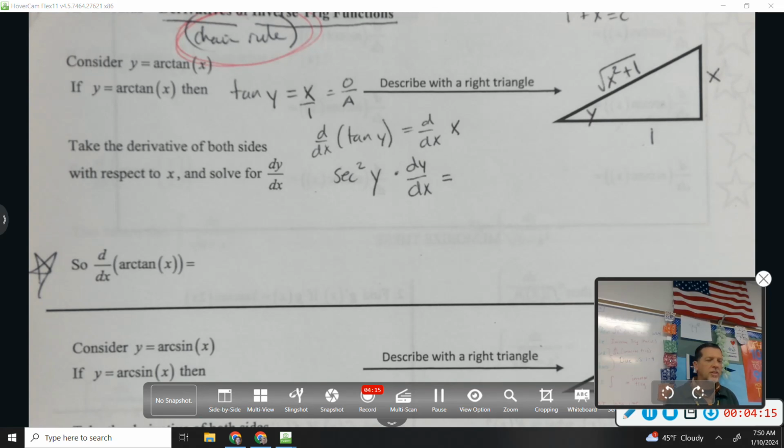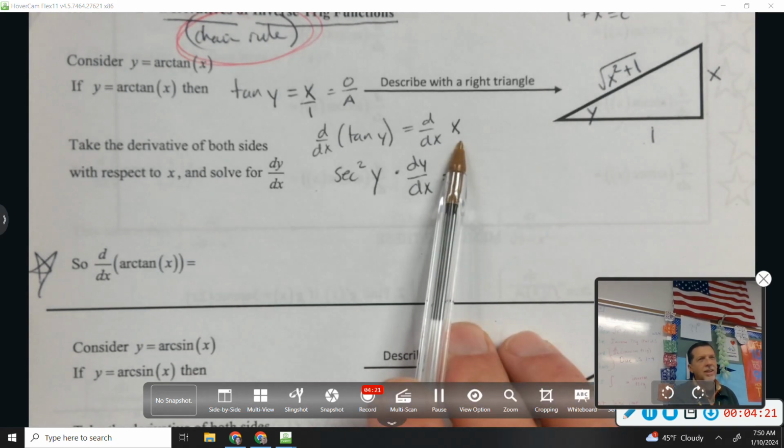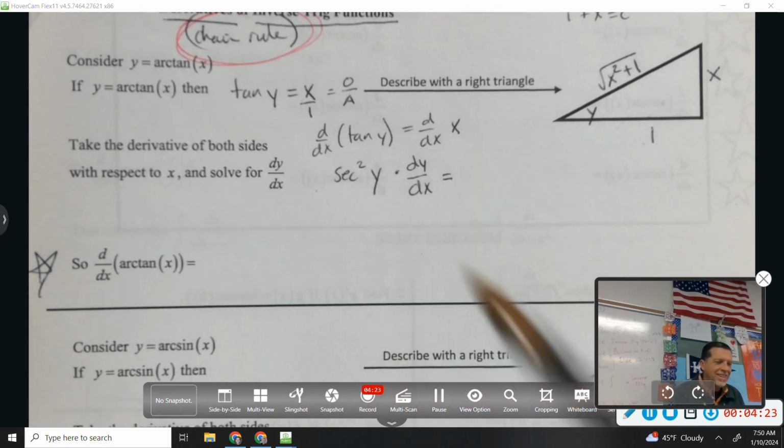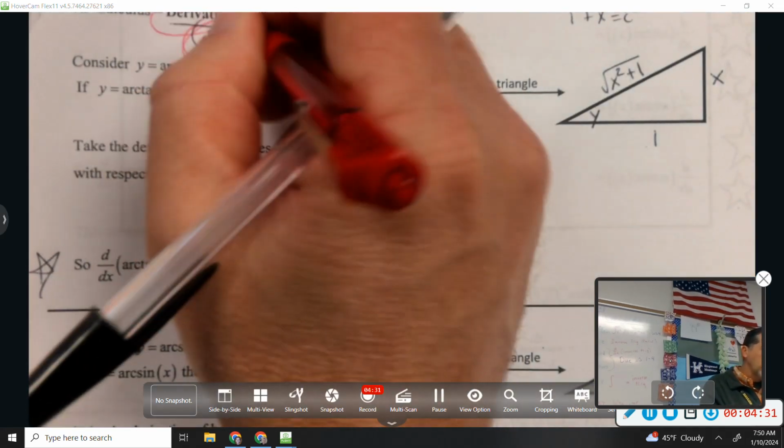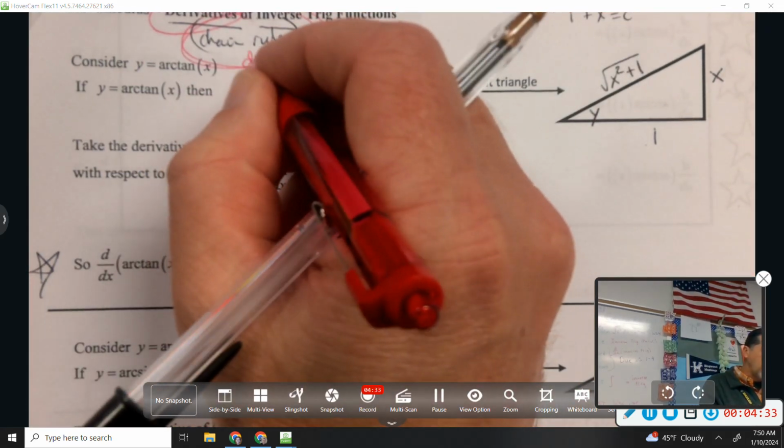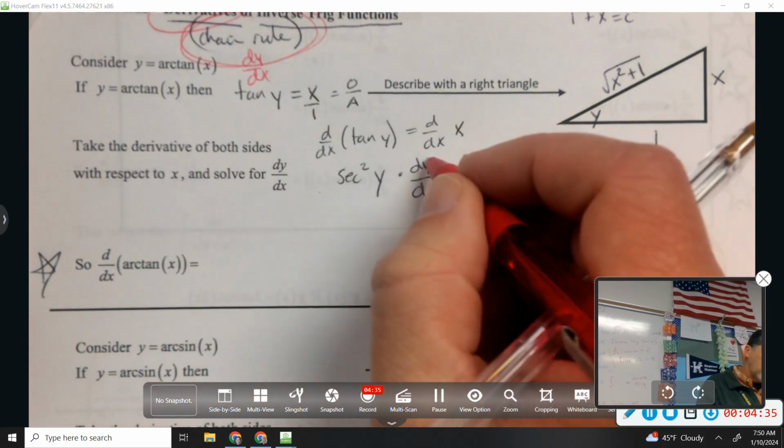And what about the other side? What's the derivative of x? One. Okay, let's see. Big picture here, we're trying to find the derivative. I want dy dx. That's what I'm looking for. So I'm pretty close.